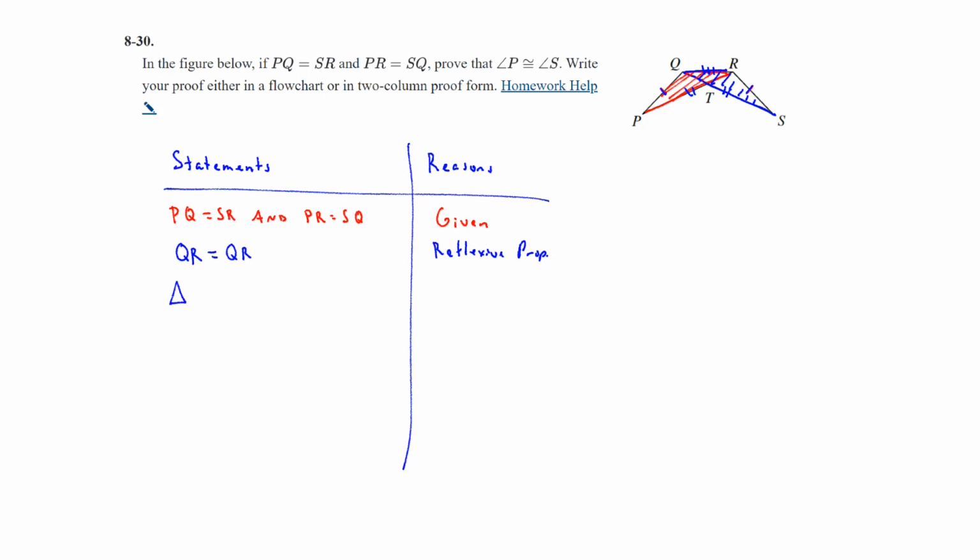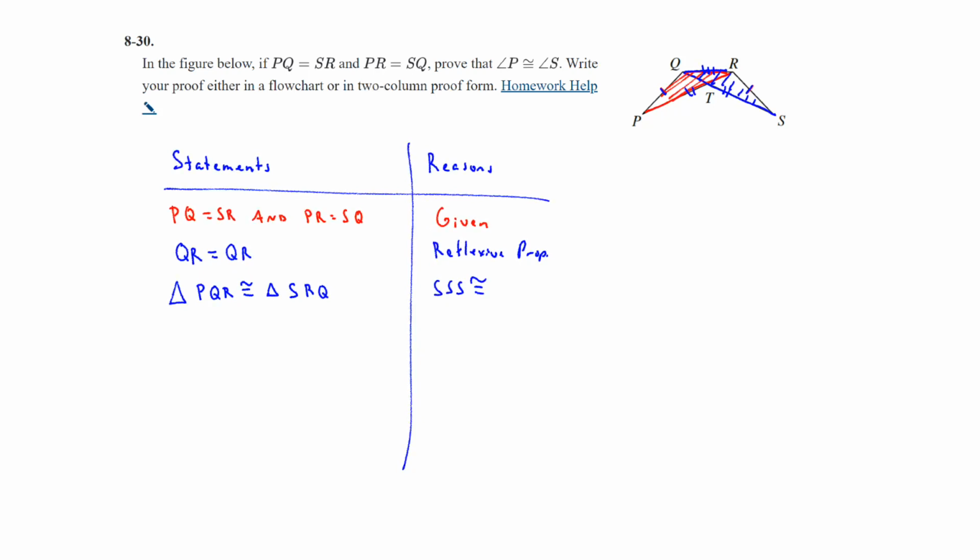So we will say triangle PQR is congruent to triangle SRQ, and that is by side congruency.